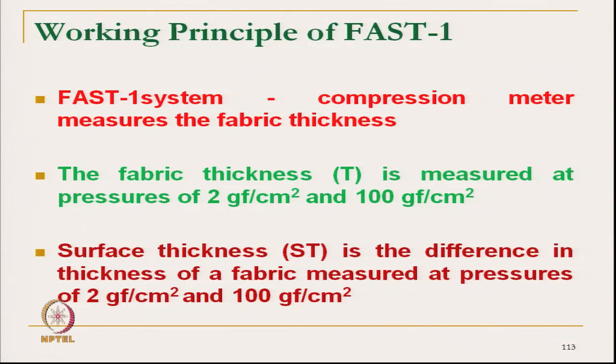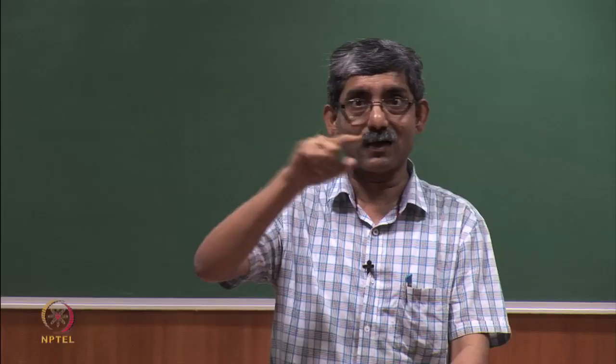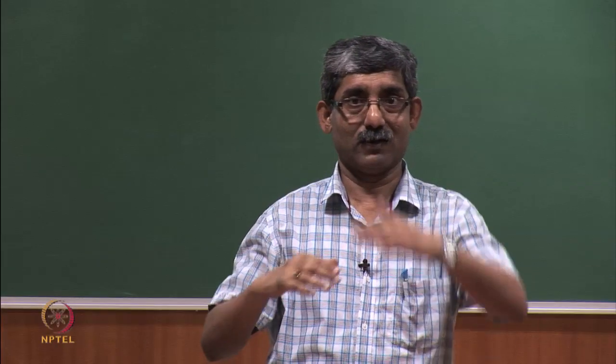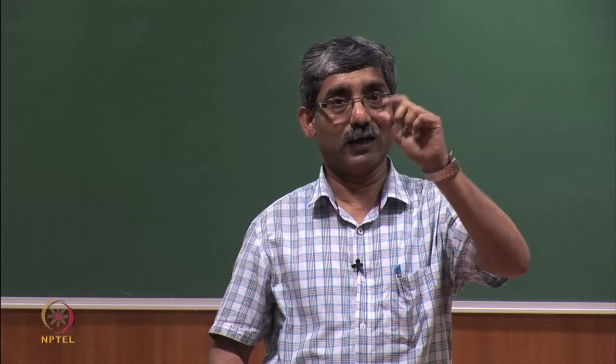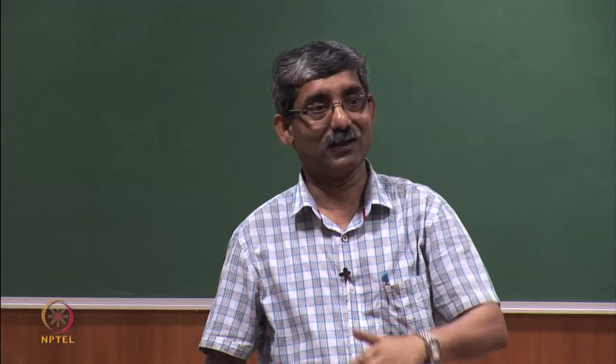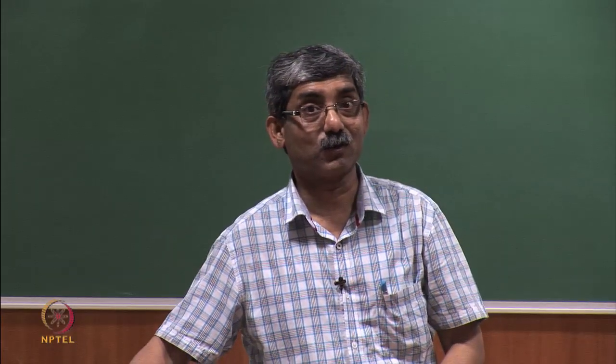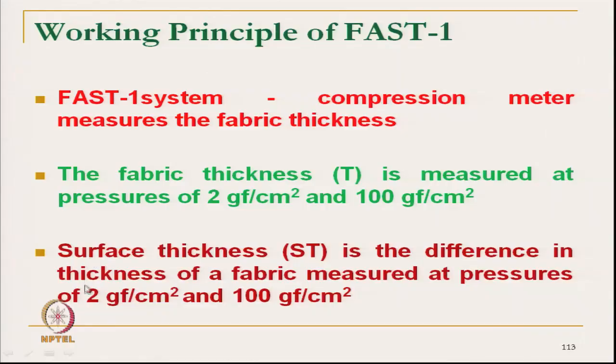But if the fabric surface contains a large number of hairs, those hairs will first get compressed at lower pressure. So the difference will be high, and that is indicated by ST.